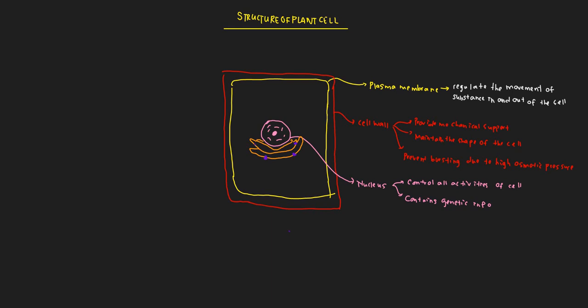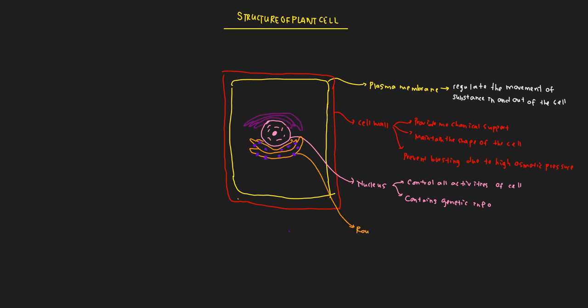In some cases, ribosomes are scattered everywhere inside the cells, and the ones that attach themselves to the rough endoplasmic reticulum are mainly used to produce extracellular enzymes. So this is the rough endoplasmic reticulum, and we have the smooth endoplasmic reticulum.